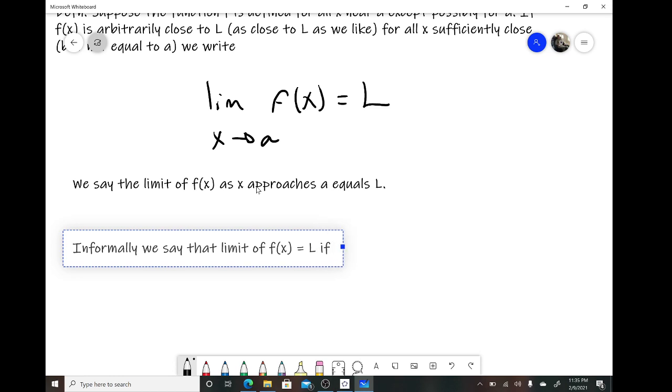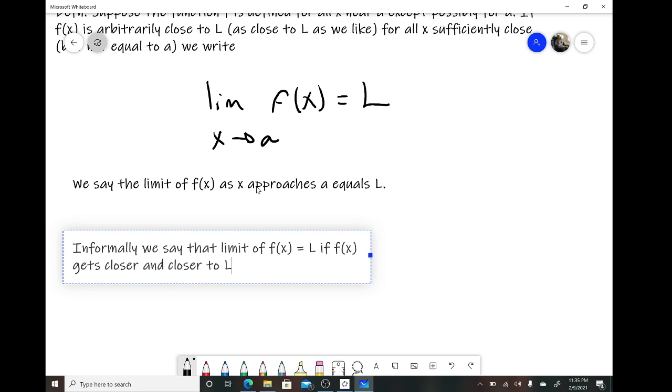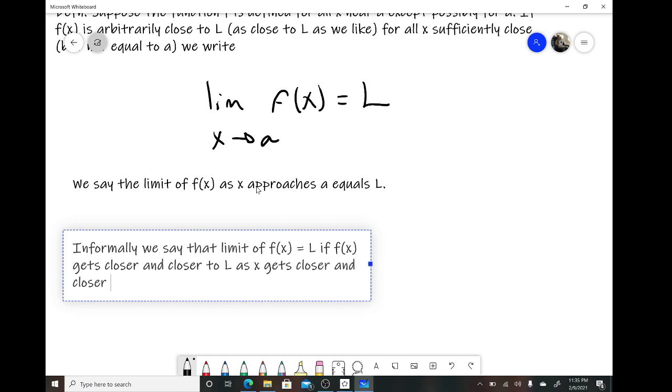So this is true if f of x gets closer and closer to L, as x gets closer and closer to a.